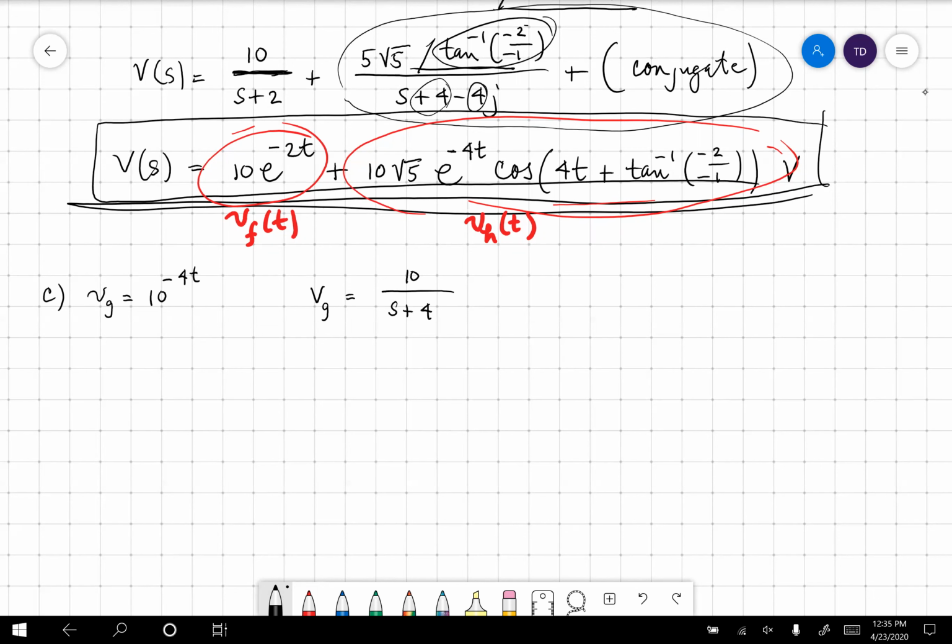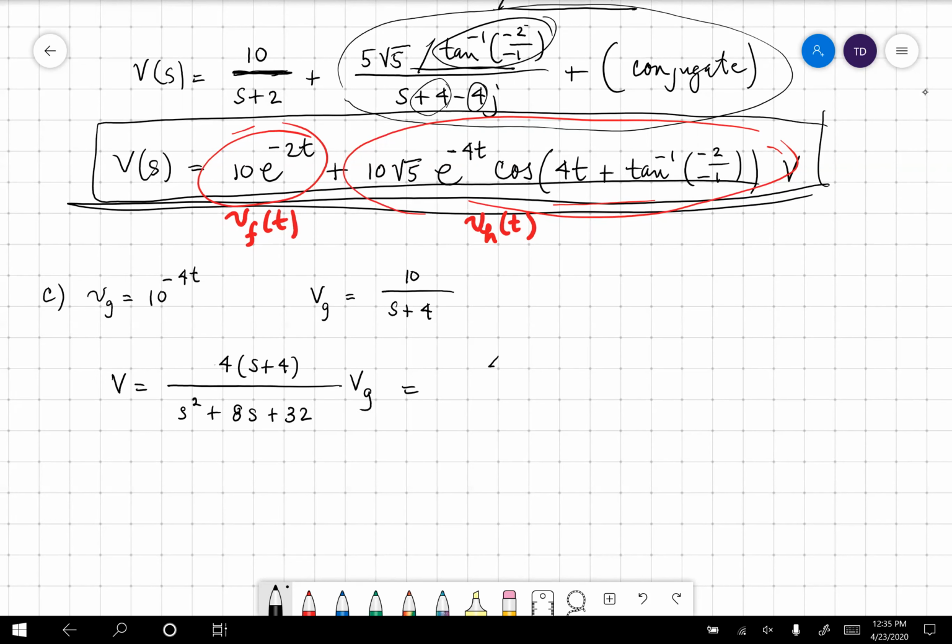And this is really cool. Not here, it's not yet. Now let's go back to V. So V was equal to, remember, we had 4 times S plus 4 divided by S squared plus 8S plus 32. And then it was times VG.